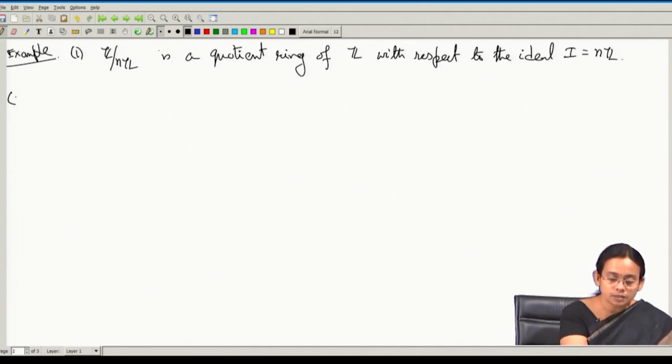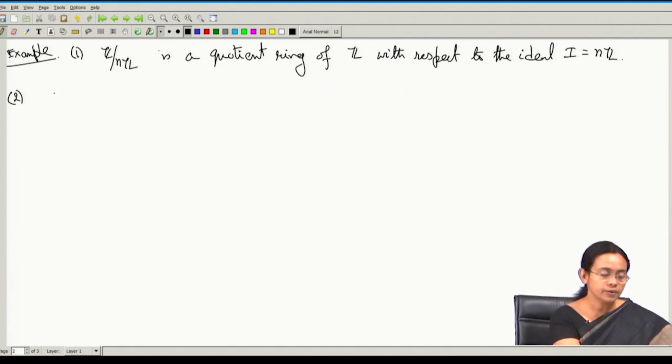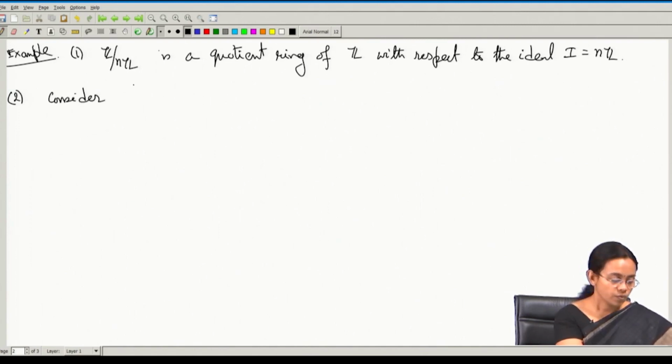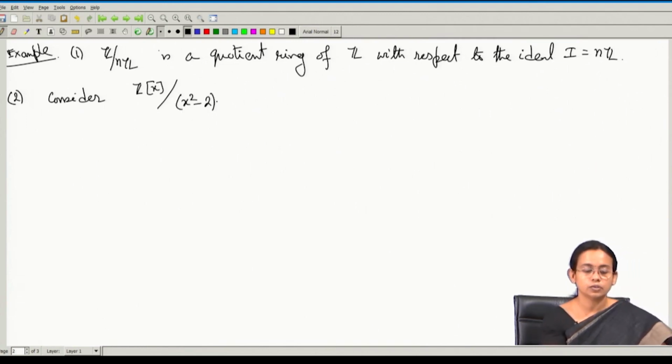Now the next I will give you a non-trivial example. Suppose I consider the polynomial ring over Z, Z[x], quotient by the ideal generated by the polynomial x square minus 2.